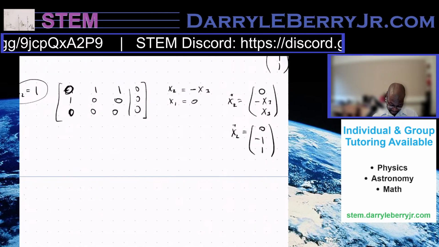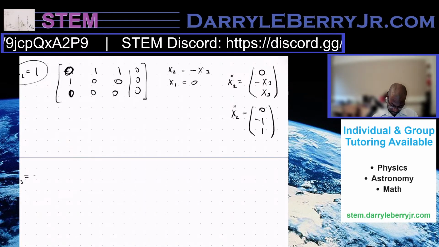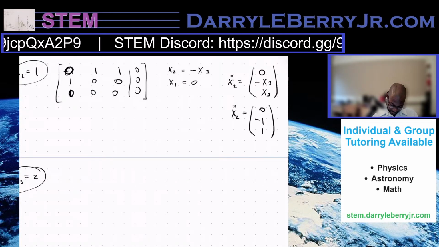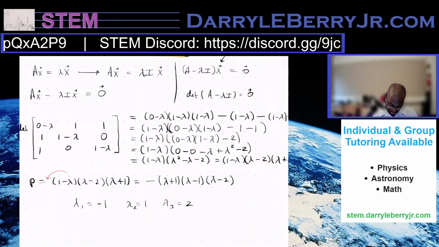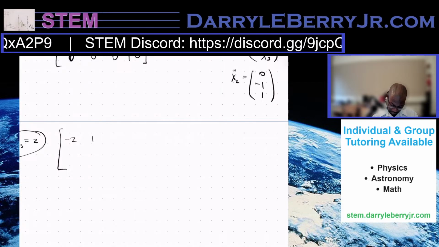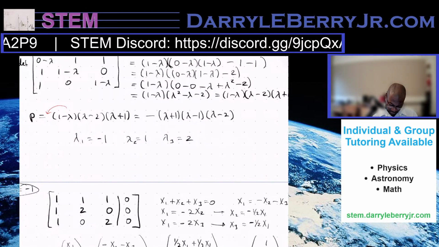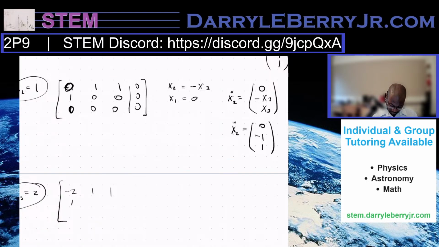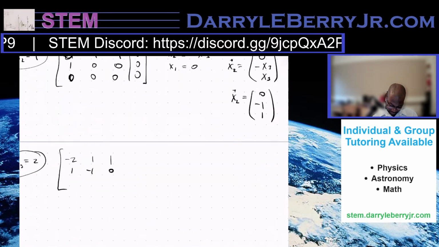And for lambda equals 2, we have, let's see here, negative 2, 1, 1, 1, negative 1, 0, and 1, 0, negative 1.